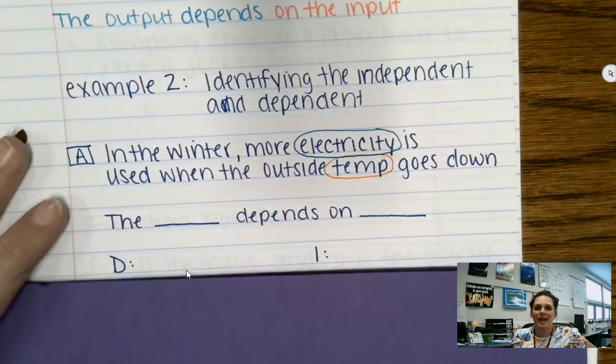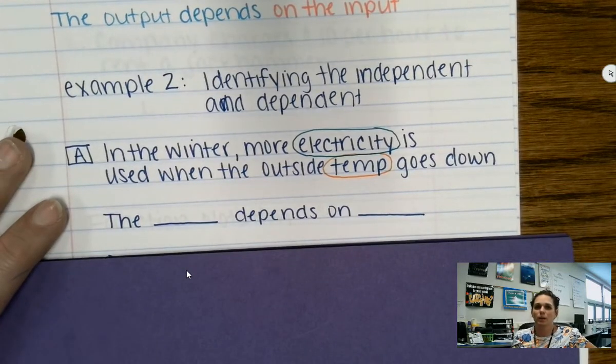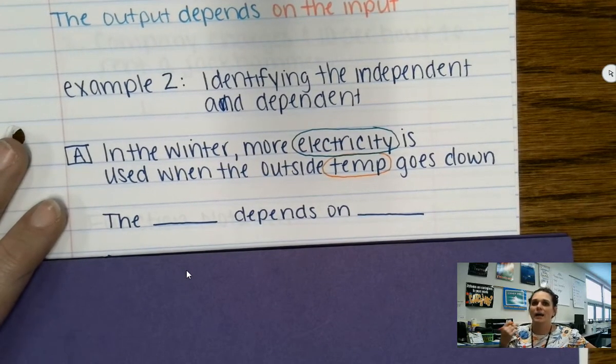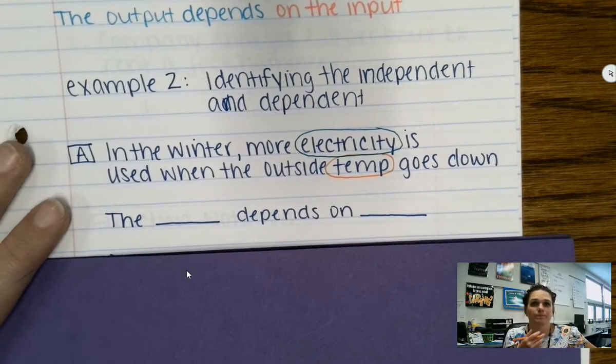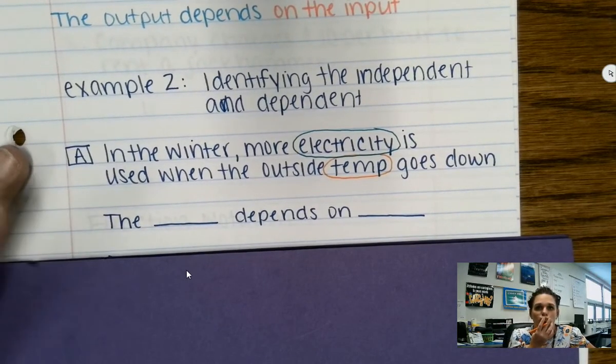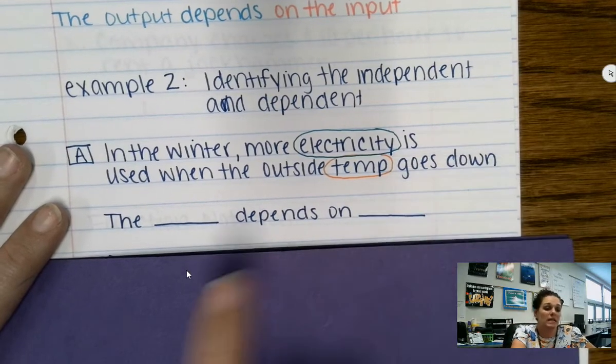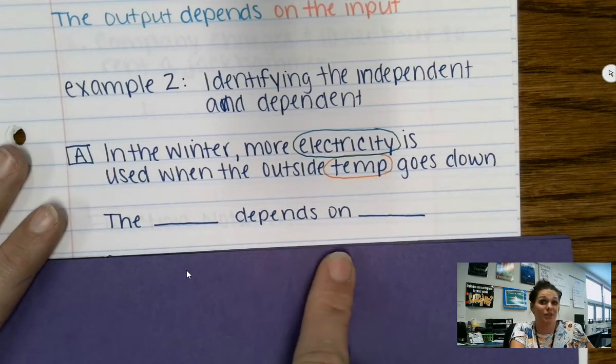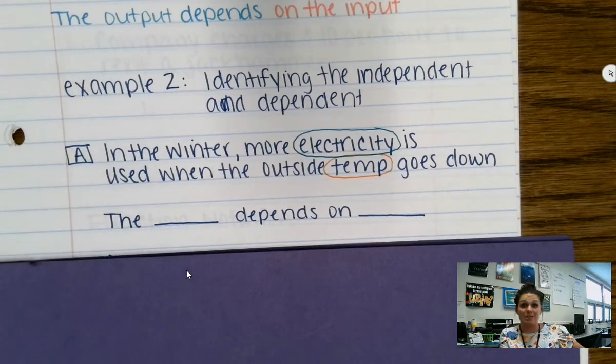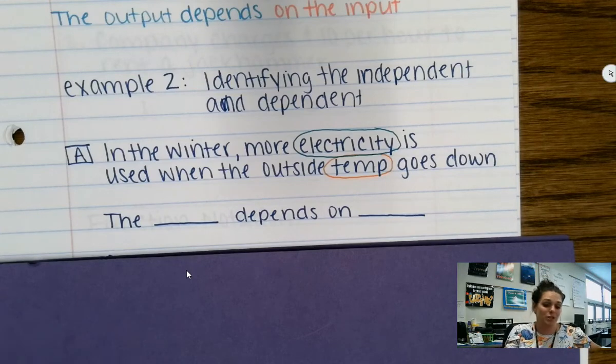Now we need to answer the question: the blank depends on blank. If it's me, I'm thinking, does the temperature depend on how much electricity I'm using? Because that would be really awesome. If I use no electricity, is it perfect weather outside? We know that's not true.